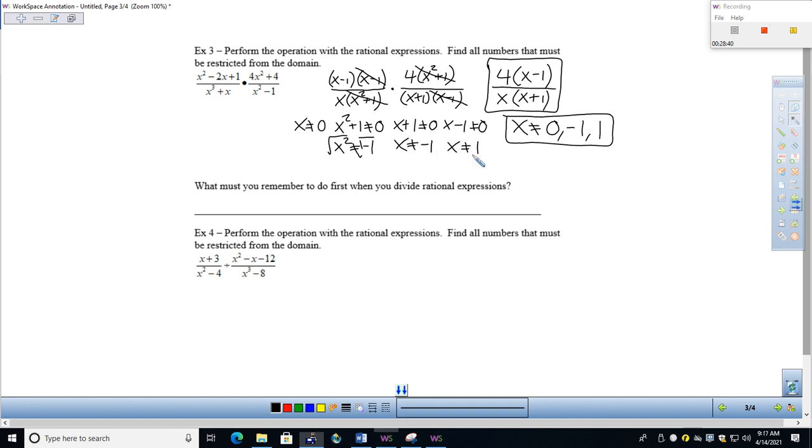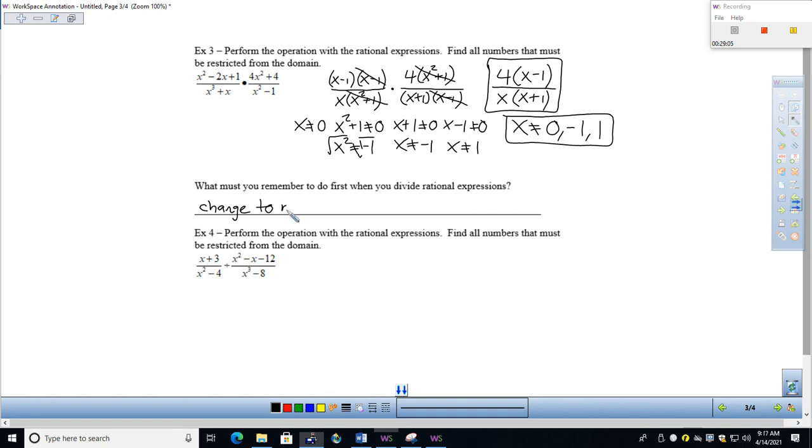Okay. Let's get into just this question right here before we do the division. So we simplified, we multiplied. Now we're going to take care of the division. So if you remember, again, just from your previous work with fractions, very simply, what do you have to remember to do when you divide rational expressions?